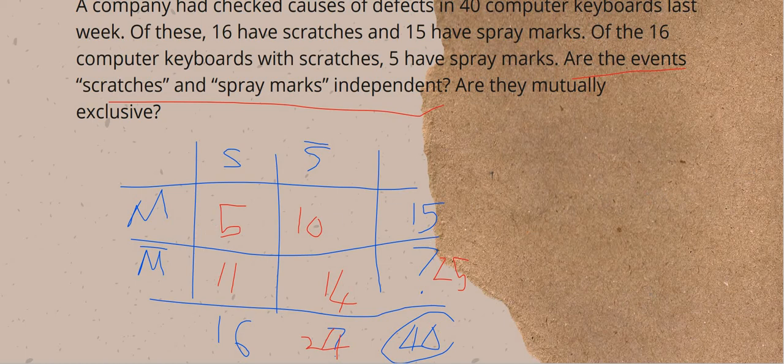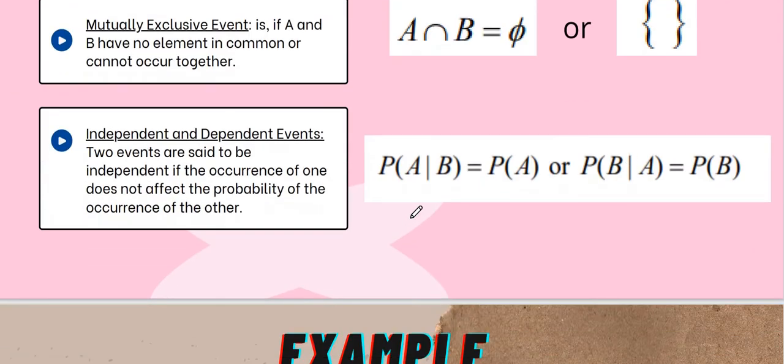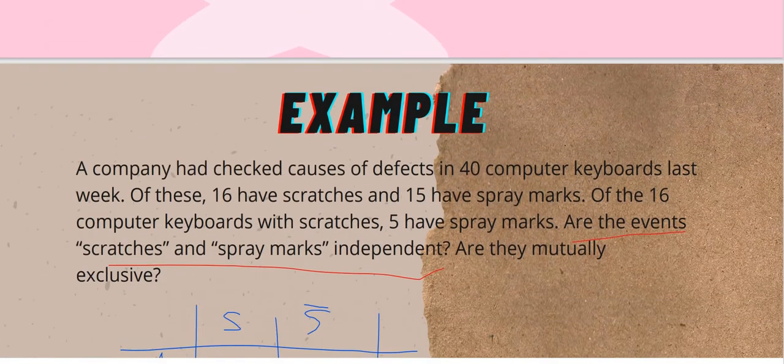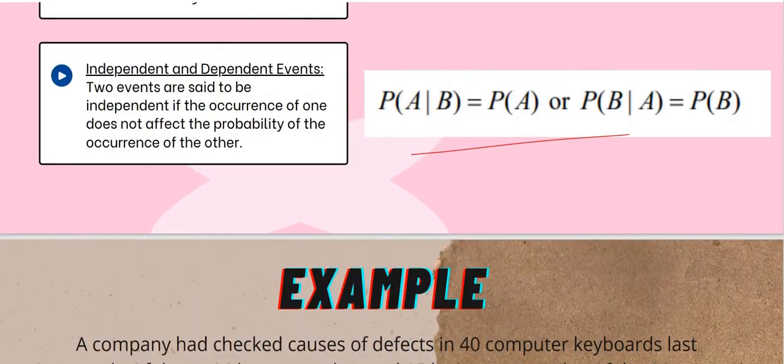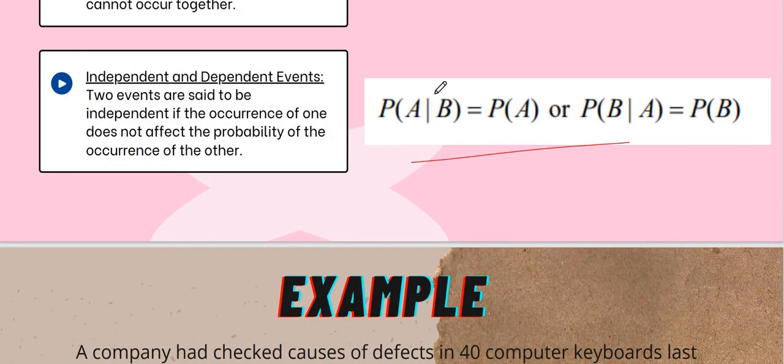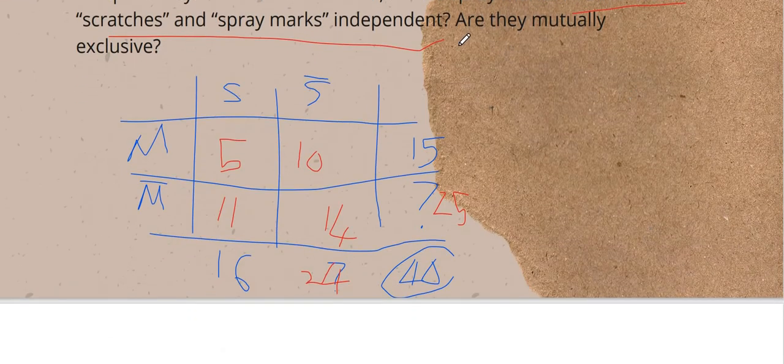So by referring to this formula again, this is the formula that we use. Maksudnya kalau dia independent, I repeat again: if it's independent, it means that P(A given B) must be equal to P(A). So macam ni lah kita buat dulu. I will show you, the probability of, for example, spray marks given scratch.